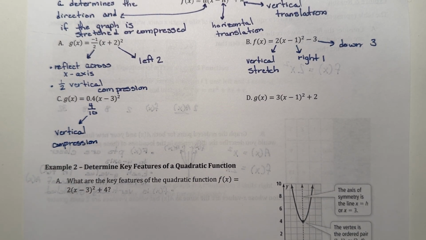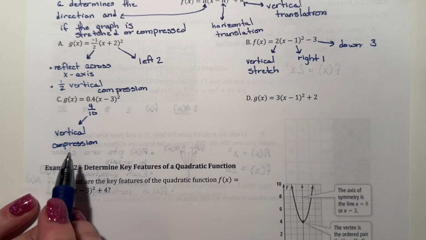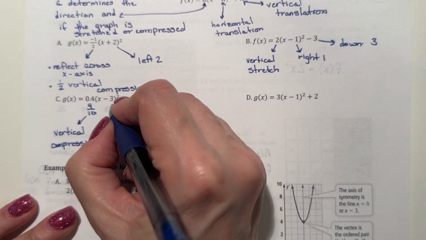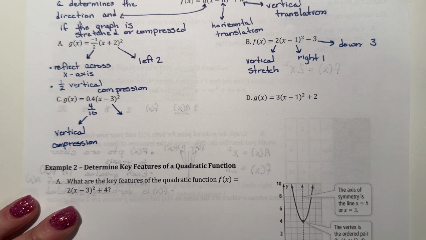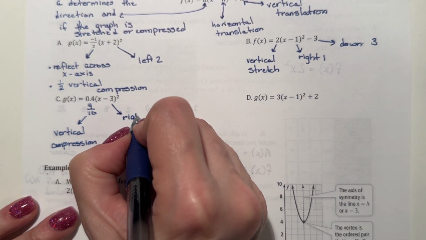Anytime the number that is A is between 0 and 1, I'm not talking about negative, we're talking about fractional or decimal, it's going to be a vertical compression. Then you have a shift inside the parentheses, means it's horizontal, always opposite of what you see. So that'll be right 3.